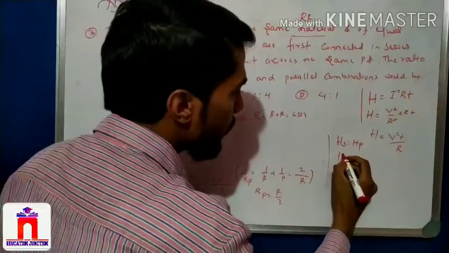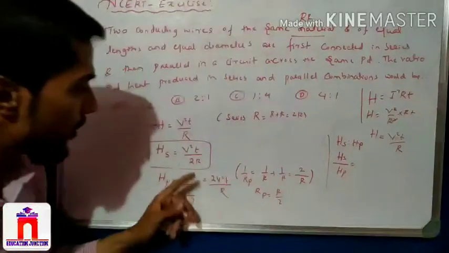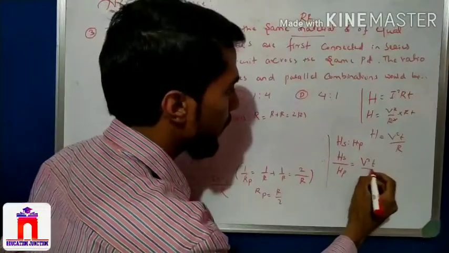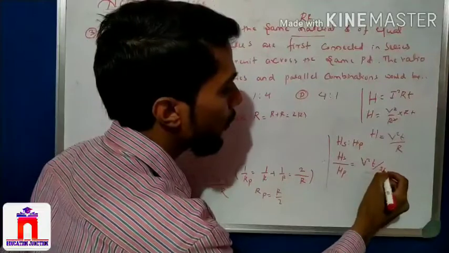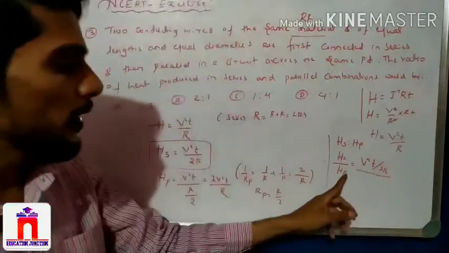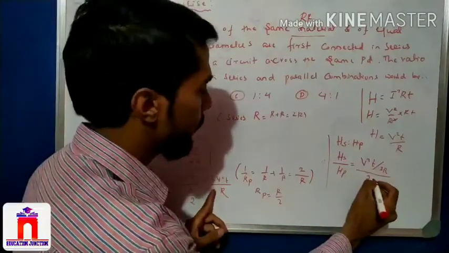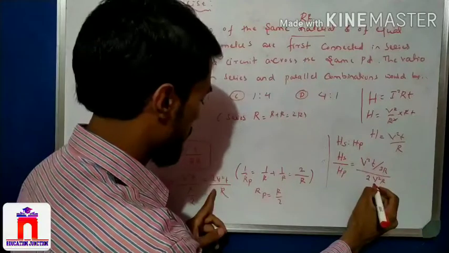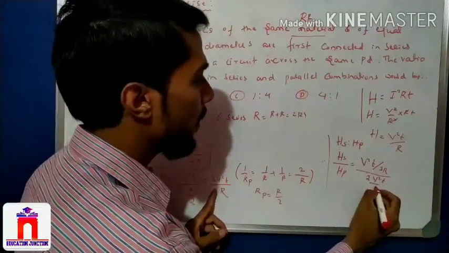Heat produced in series divided by heat produced in parallel: heat in series is V square T divided by 2R, divided by HP, heat in parallel, which is 2 V square T by R.